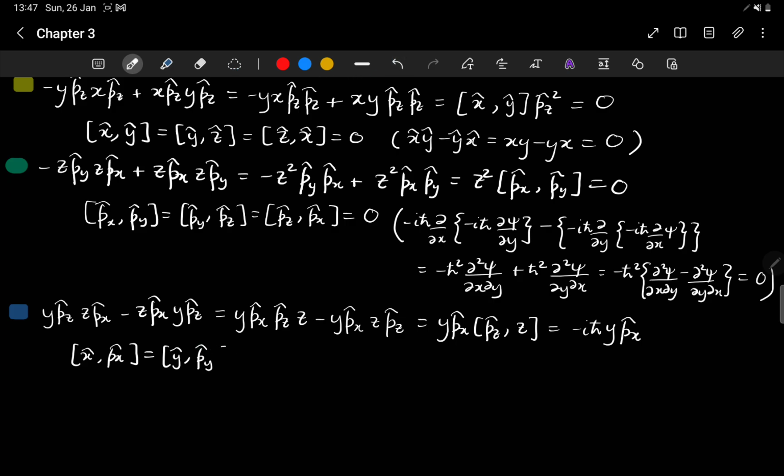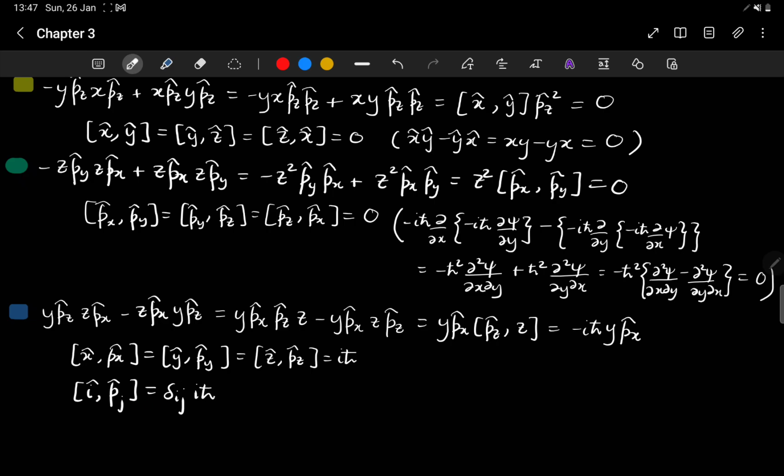So you see, these operators do not commute. And also the position operator, let's say the ith component, times the jth momentum commutator, it is 0 when i is not equal to j. So this is δij iħ.